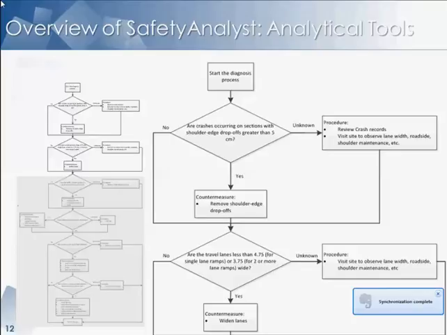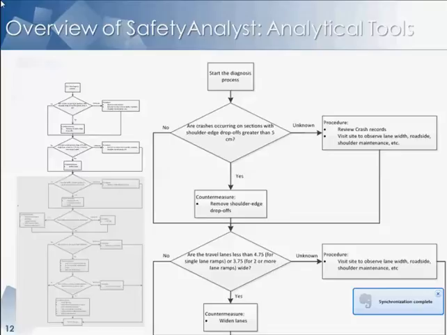This is zoomed in on this part of this flowchart. And if you look at it, you start with the algorithm. The question is, are crashes occurring on sections with shoulder edge drop-offs greater than 5 centimeters? If your answer is yes, the countermeasure is remove shoulder edge drop-offs. If the answer is no, then you go to the next level.